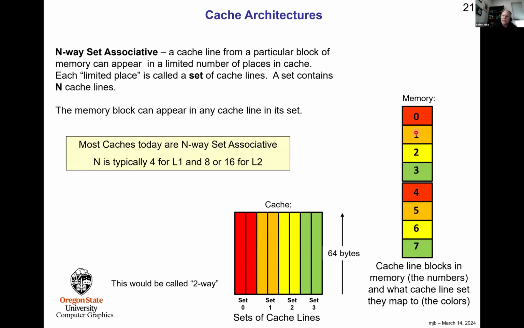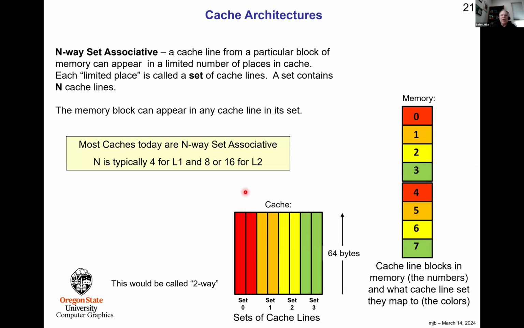So here are 4 cache lines, and we've set this up to be two-way set associative, and we've got 4 different places to put cache values.